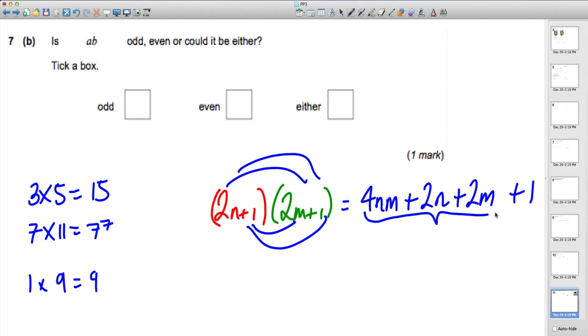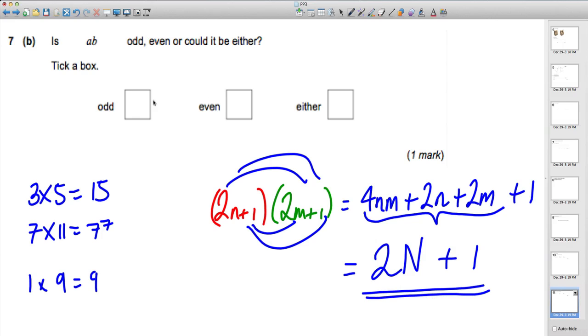Now this thing here is certainly an even number because it's in the 4 times tables, the 2 times tables, and the 2 times tables. So that's definitely an even number. So you could write it as 2 times some big number and plus 1. And anything of that form is definitely odd. So therefore the answer is odd. Again, you could have simply got that by examples.